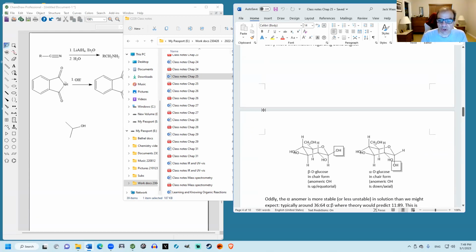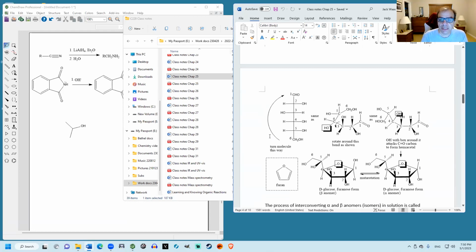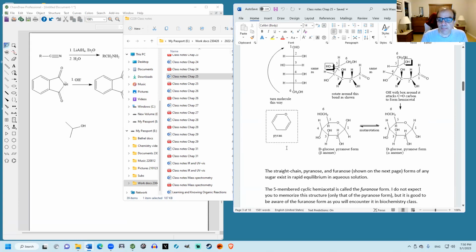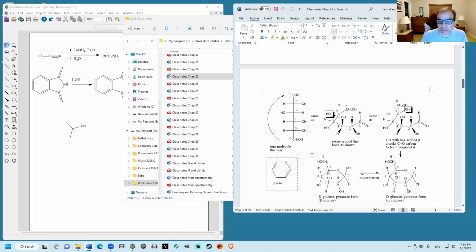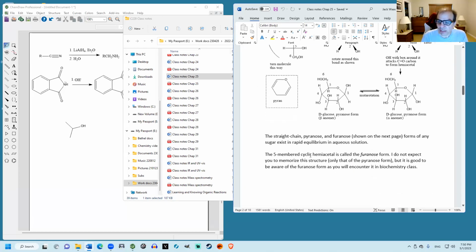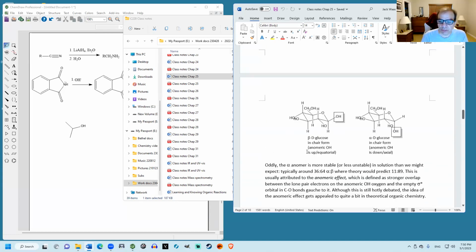We focused on drawing glucose and other similar compounds in the straight chain form, in the chair form, and in the Haworth projection. You didn't need to know the furanose form, and still don't.